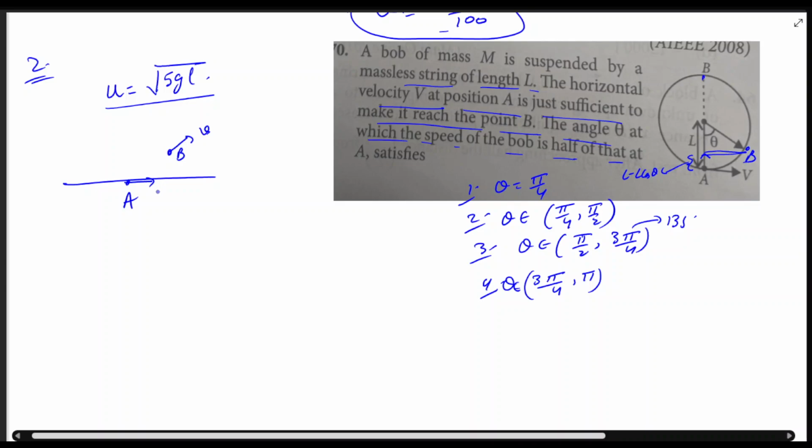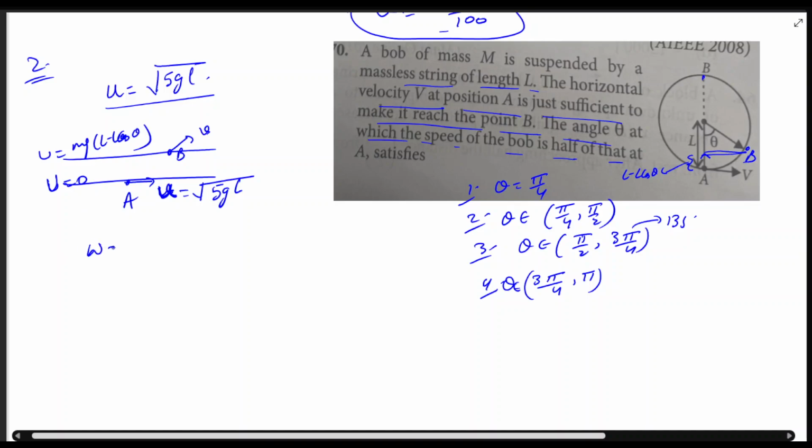Here it has a velocity u, which will be root 5gL. Now let's say the potential energy U is 0 here. And the potential energy at B will be mg(L minus L cos theta), right?